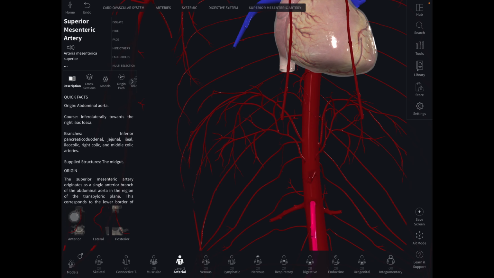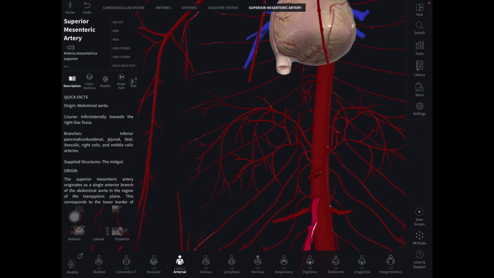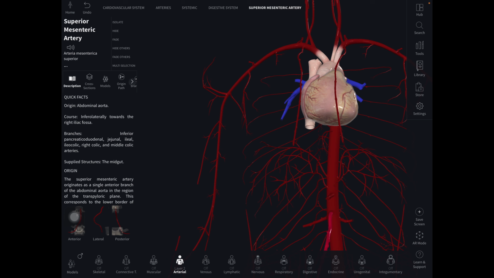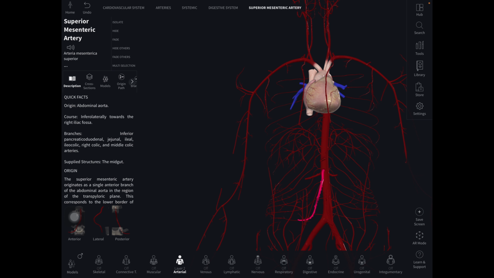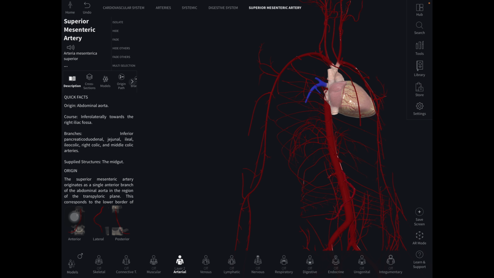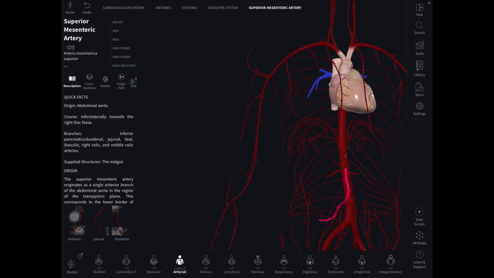Next, as we go down, we'll see the mesenteric artery, and this supplies blood flow to something called the mesentery, which is like a lattice-like network. You can kind of see this sort of structure. The mesentery is going to provide blood to the intestinal tract, as well as some of the primary digestive organs.